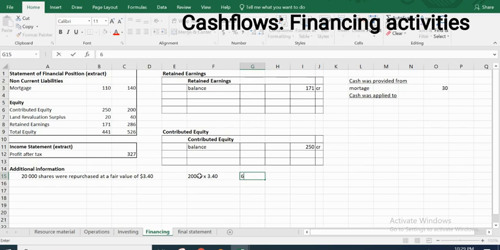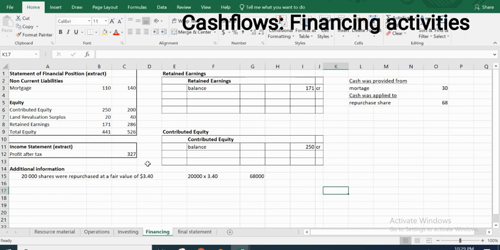In this case, it's coming to $68,000. So under cash was applied for, we're going to put repurchase shares, and that's 68.